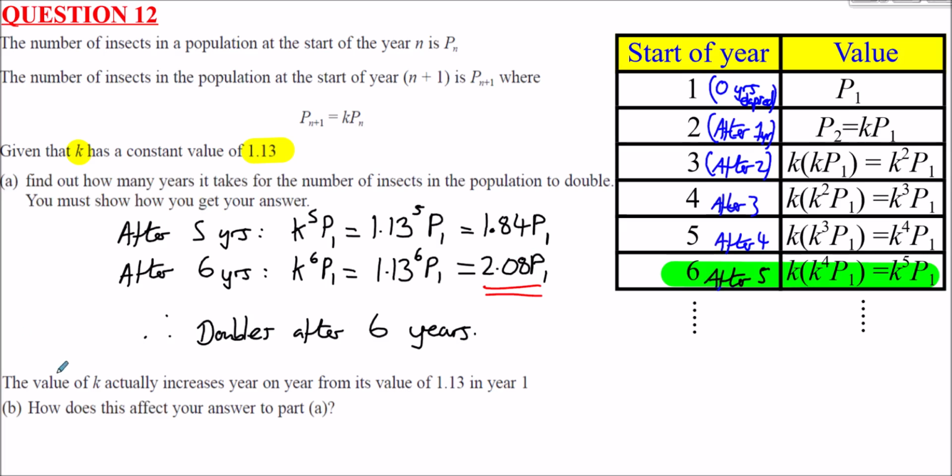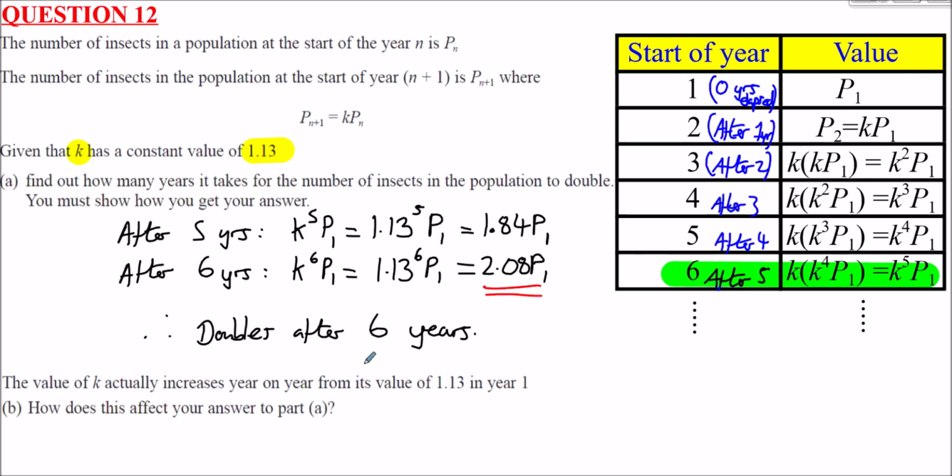For part B, it says the value of k actually increases year on year from its start value of 1.13 in year 1. How does this value affect your answer to part A? Well, k is just the value we're multiplying the original population by. So if k is increasing and we're multiplying by bigger and bigger values, it will get to double much quicker. So actually, this would likely affect our answer from part A by shortening the number of years that we'd actually need.